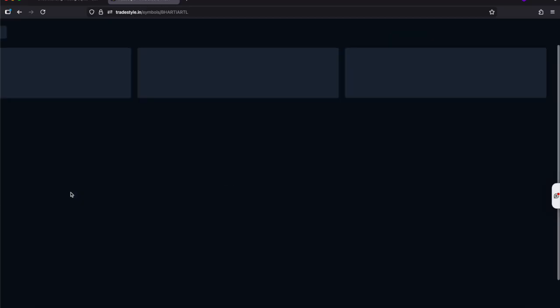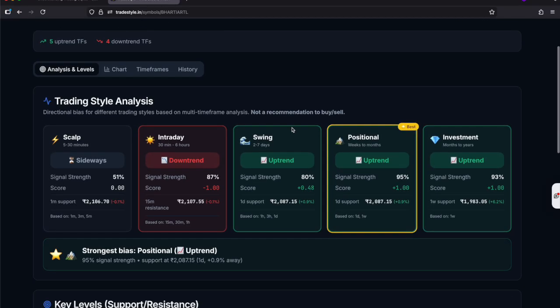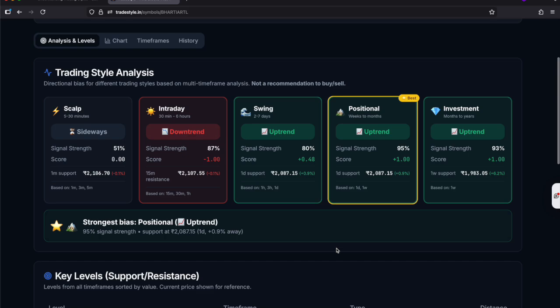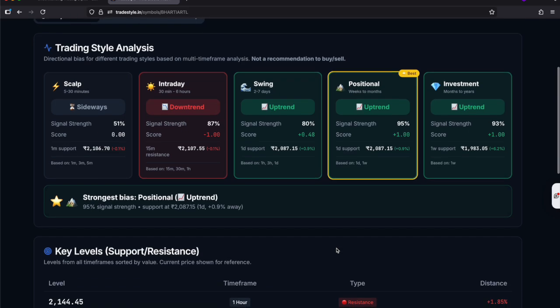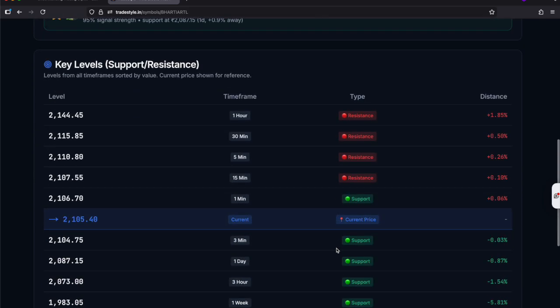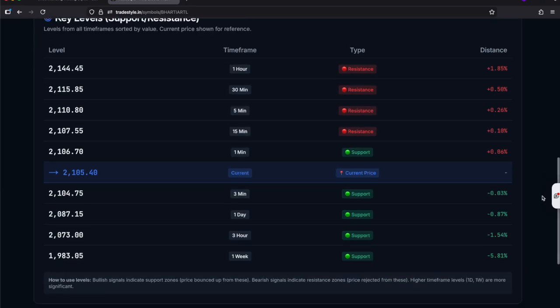Now you can click on this Bharti Airtel and see the details, and it's going to suggest what you should be considering for that particular stock or index. Here you can also see the different support and resistance for different time frames. The higher the time frame, the more conviction the support and resistance carry.